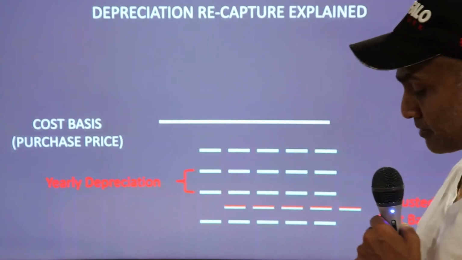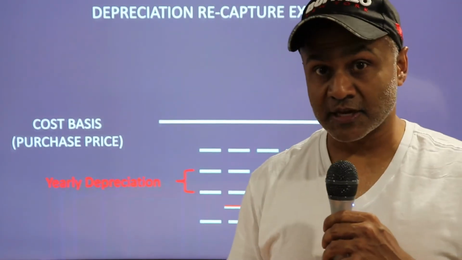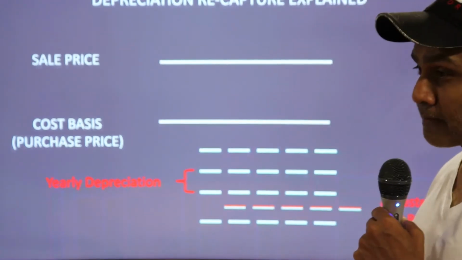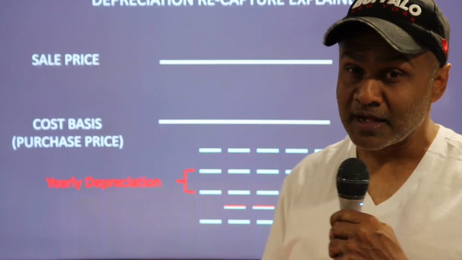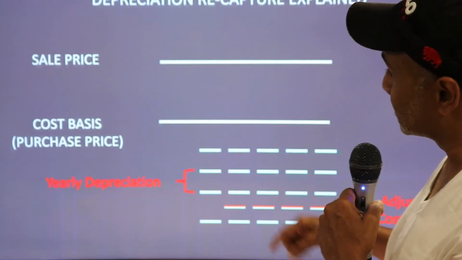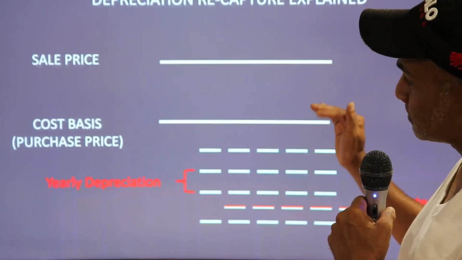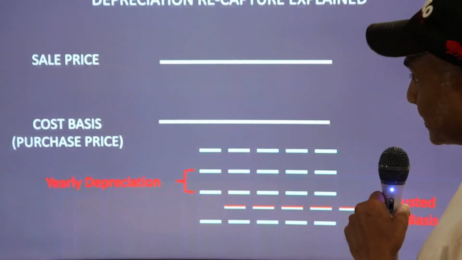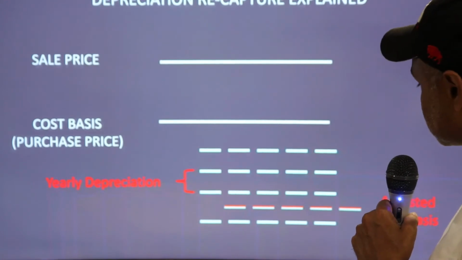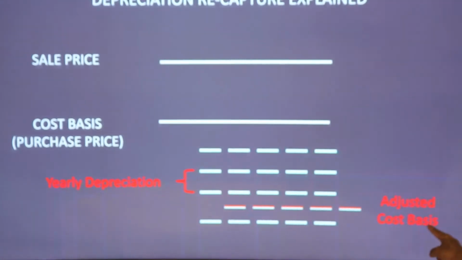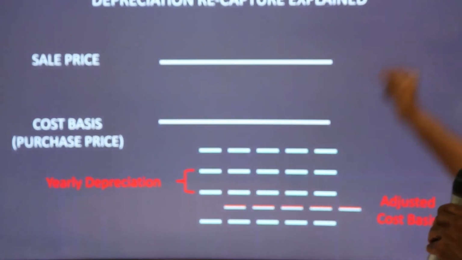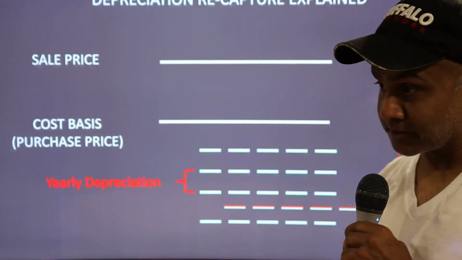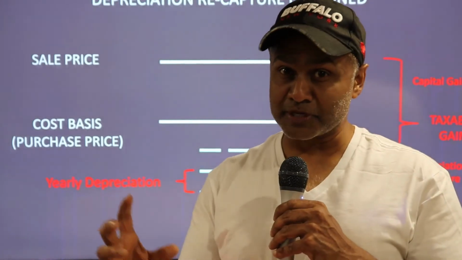At the time of sale, and that's the purpose of this episode, like I mentioned, most people assume that your taxable income is based on the difference between your sale price and your purchase price. Unfortunately, that is not the case. Your taxable income is based on your adjusted cost basis versus your sale price. And that taxable income is then broken up into two components.